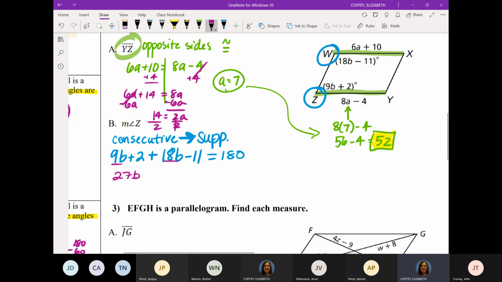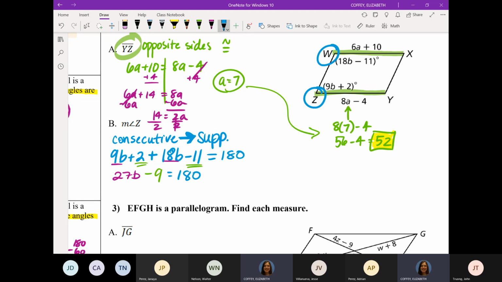Okay. What are my other like terms? 2 and negative 11. Remember, you're not going to change the sign. You're just combining. Okay. So 2 minus 11 is negative 9.